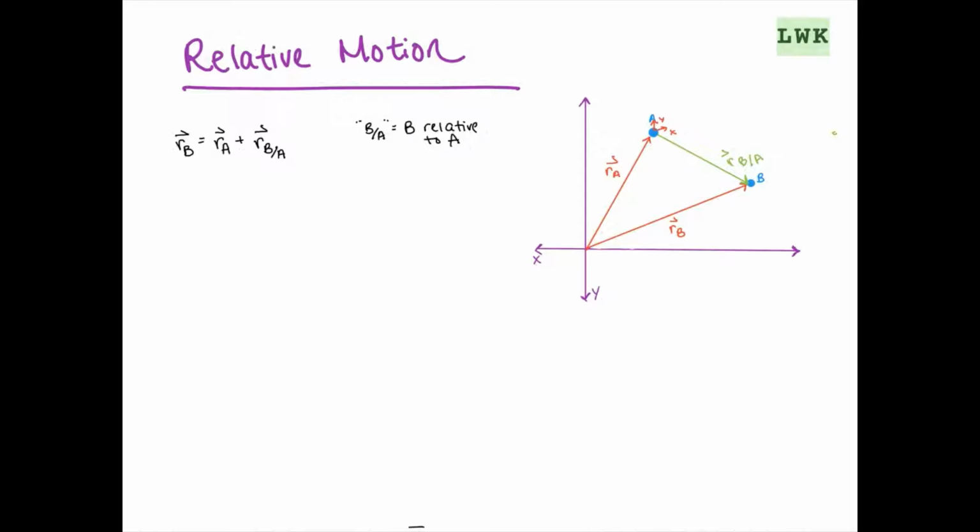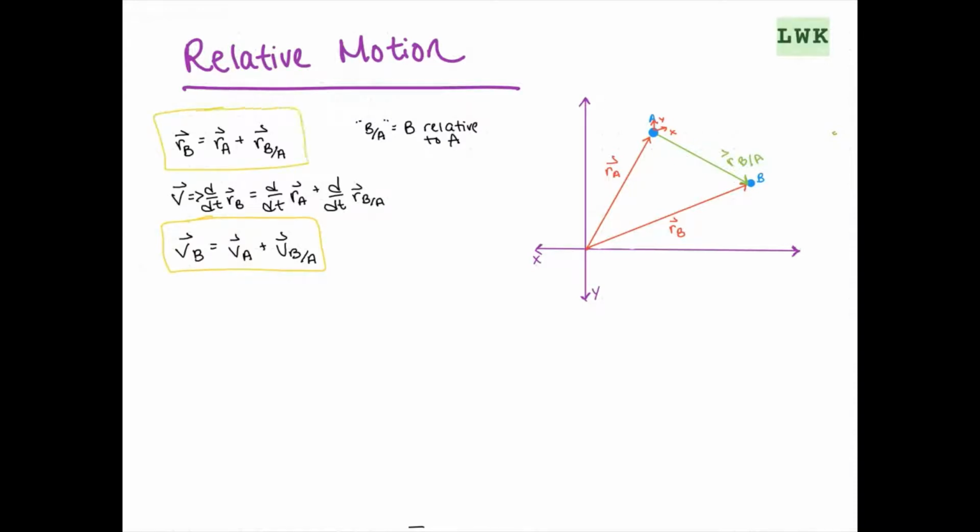So velocity is going to be equal to d over dt RB, and d over dt of RB relative to A. And we can simplify that by just saying velocity B equals velocity of A plus the velocity of B relative to A. Just like we can say above, the position of B equals position of A plus position of B relative to A.